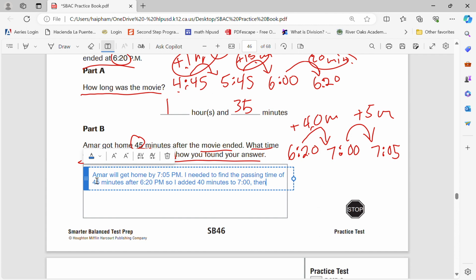Then I added 5 more minutes, which landed at 7:05 p.m. And there you have it.